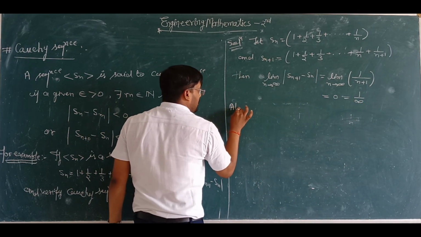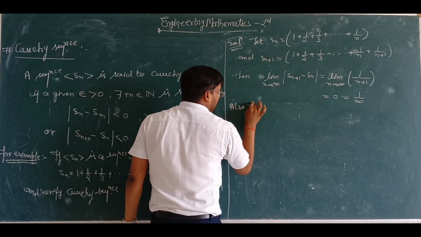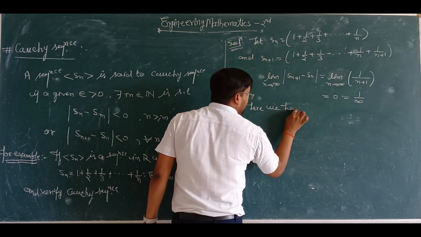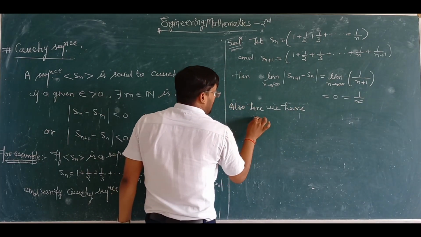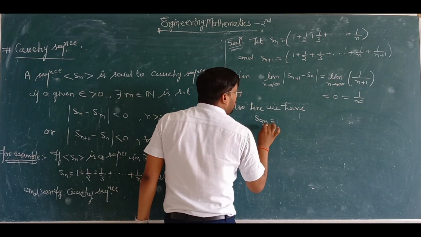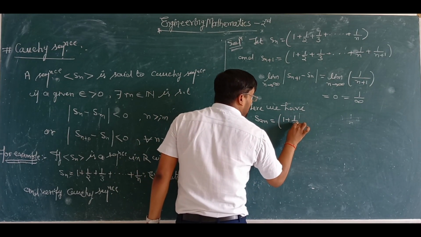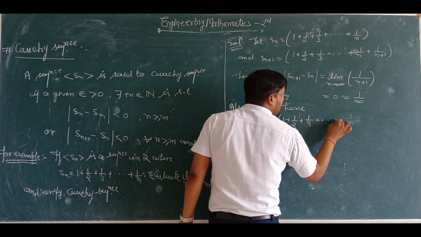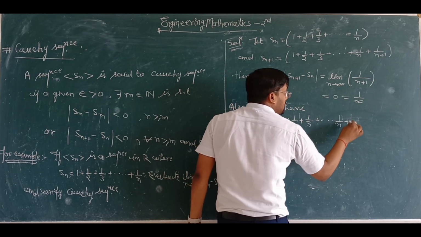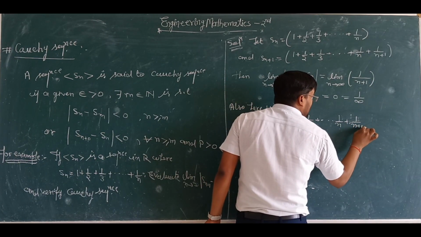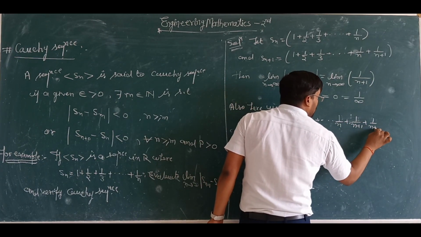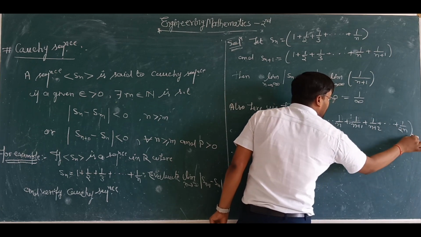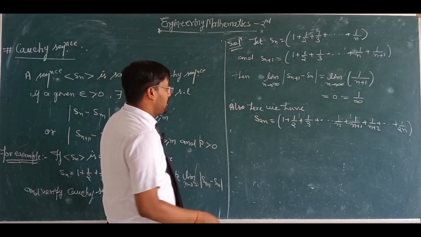Also here we have S2n equal to 1 plus 1 upon 2 plus 1 upon 3 plus up to 1 upon n plus 1 upon n plus 1 plus 1 upon n plus 2 plus up to 1 upon 2n.